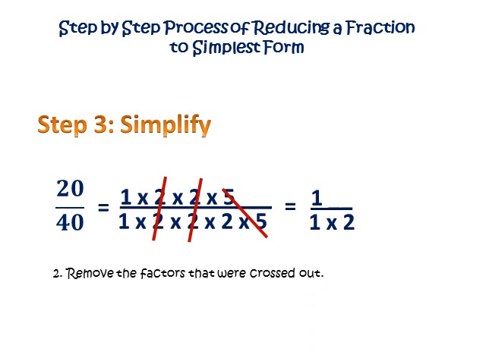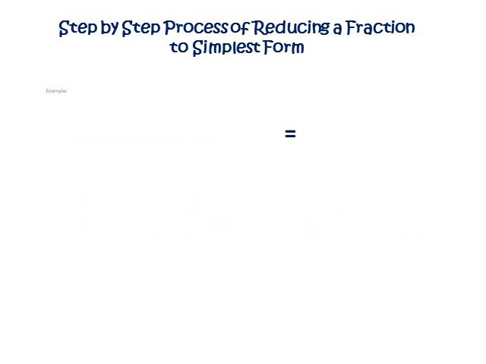As you can see, the third 2 does not have a partner on top, so that's left behind. Then we simplify some more. For the numerator, 1 is just 1, so we put 1. And for the denominator, 1 times 2 equals 2. So your simplified fraction is 1/2.